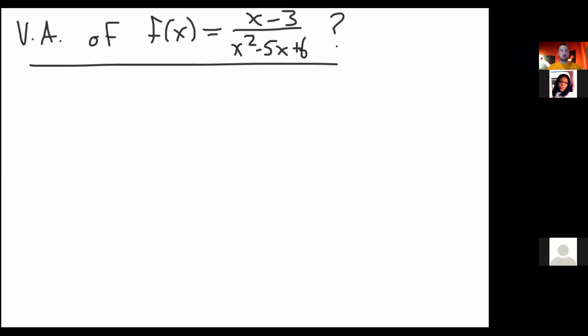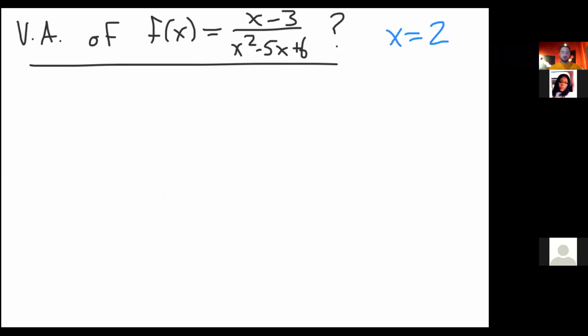All right, so the correct answer, which most of y'all got, is just at x equals 2. So again, vertical asymptotes occur when I get a 0 in the denominator, but it's unchecked.